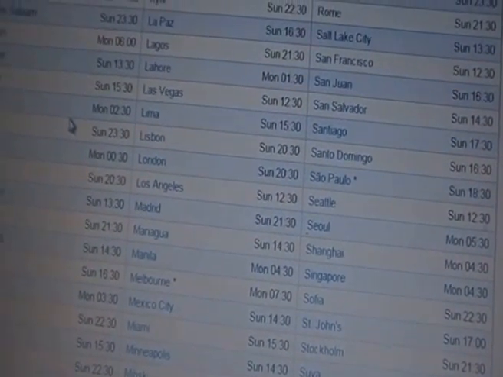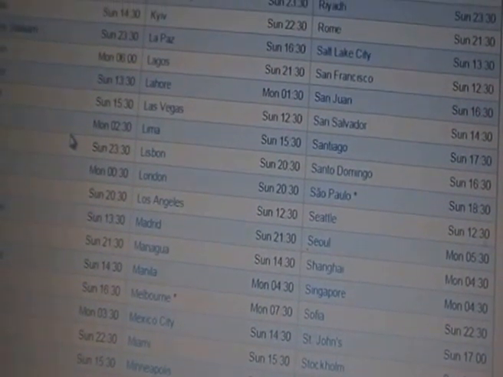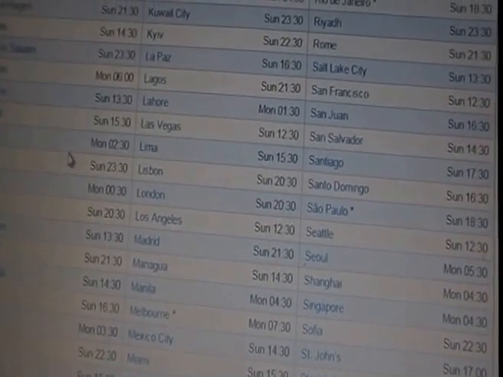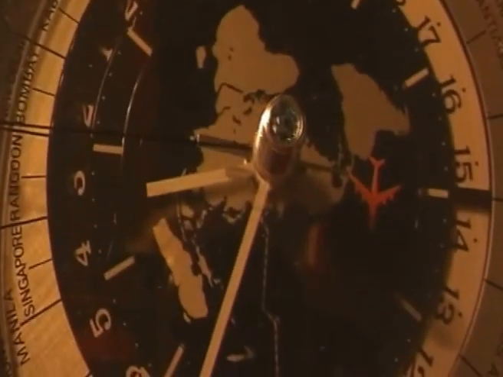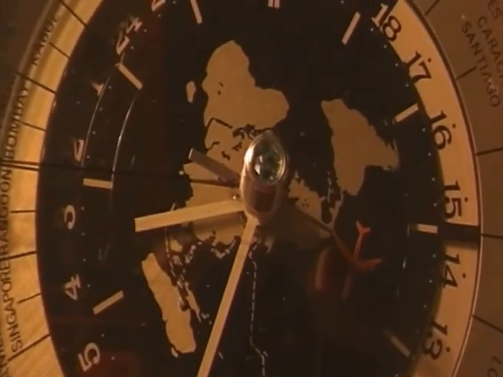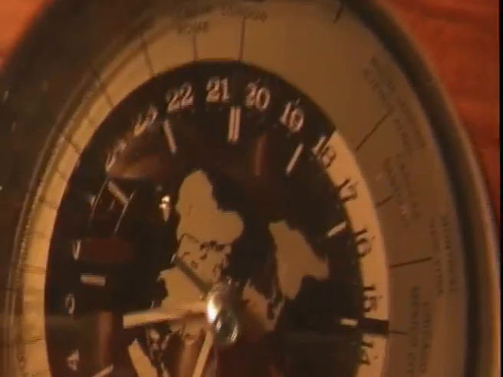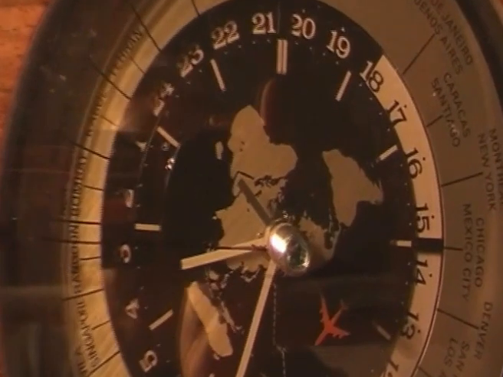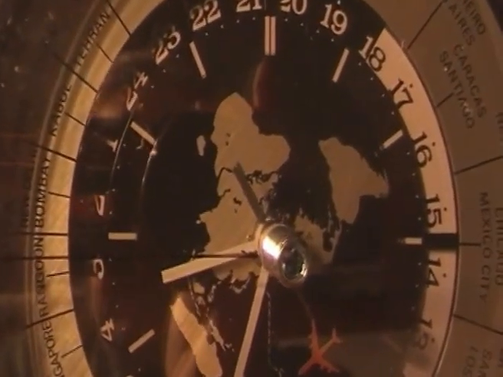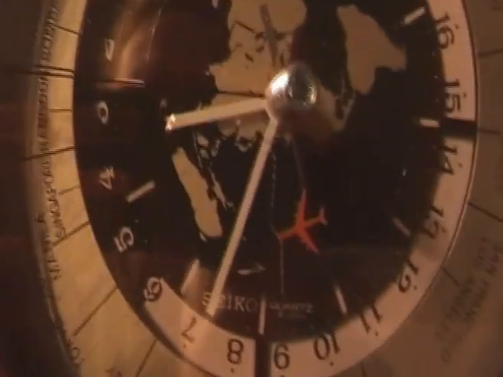Or they spell it differently. They've probably spelled it differently by the looks of it. And it says 2:30. And that's what we've basically got. 2:30.